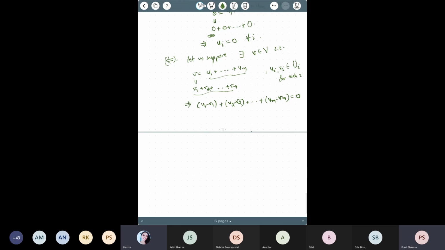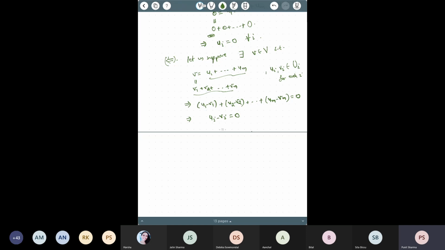Right. So using the fact that the only way to write 0 as a sum of vectors from these subspaces is the trivial way, each of these ui minus vi has to be 0.